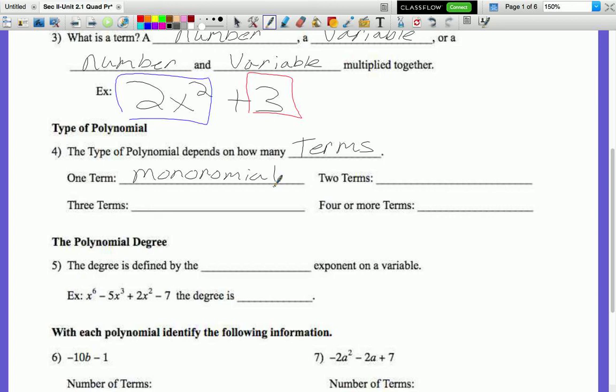If there are two terms, like our example above, we call it a binomial. And if there are three terms, we call it a trinomial. With 4 terms, we just revert back to the original name and we say it's a polynomial.